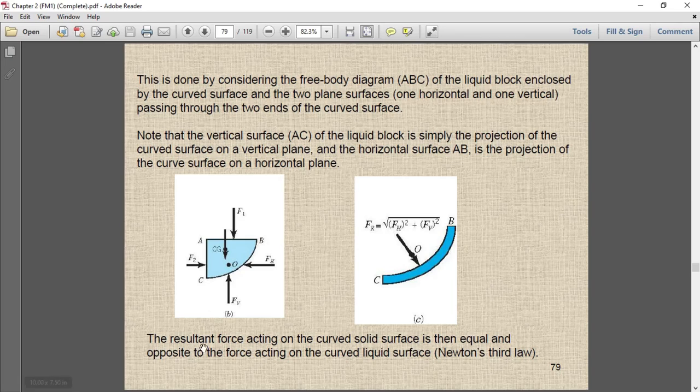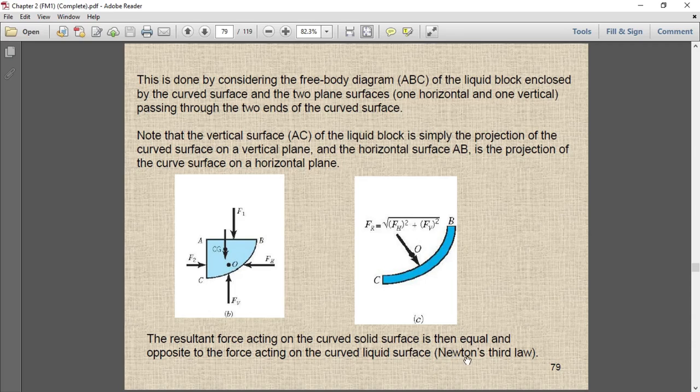So the resultant force acting on the curved solid surface is then equal and opposite to the force acting on the curved liquid surface. Whatever is the force acting by the fluid on the surface is equal to the opposing force by the tank surface or by the curved surface.